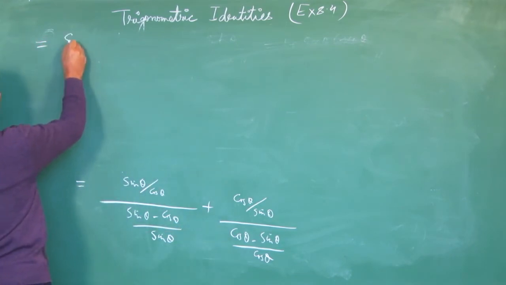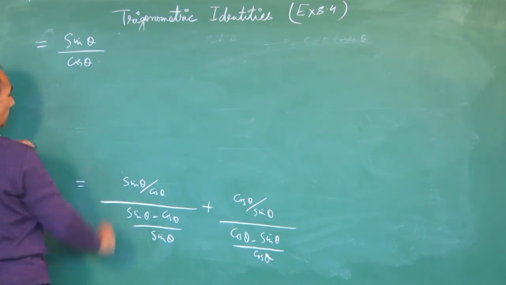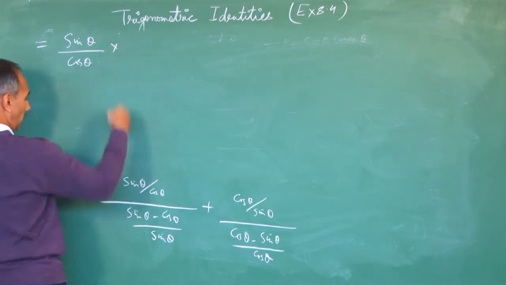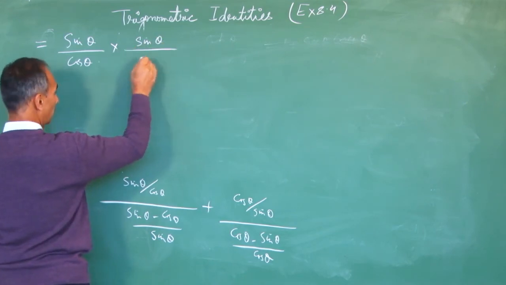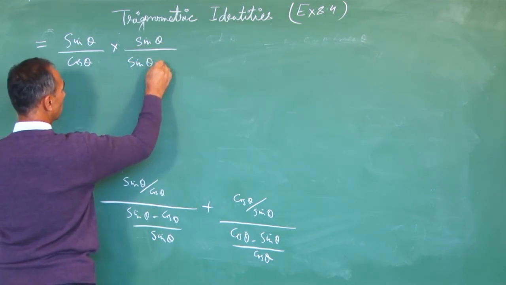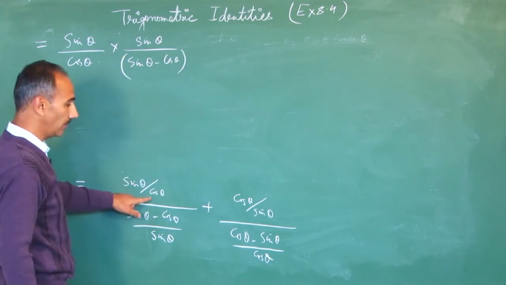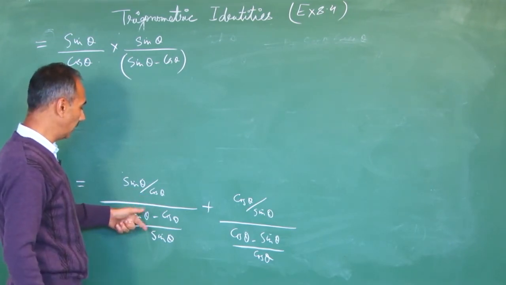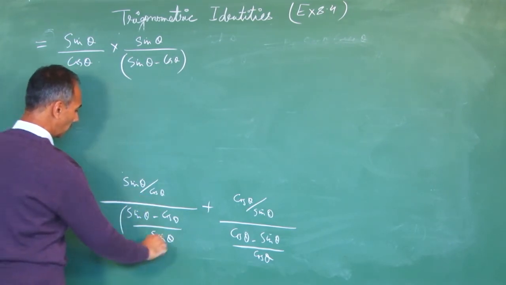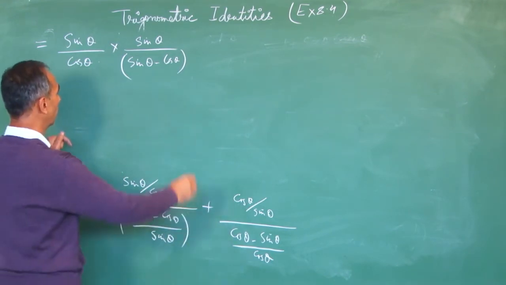This will be written as sine theta upon cos theta into, this will get reciprocated, sine theta upon sine theta minus cos theta. A divided by B divided by C by D is A by B into D by C. So this goes to the numerator, but the reciprocal of that.